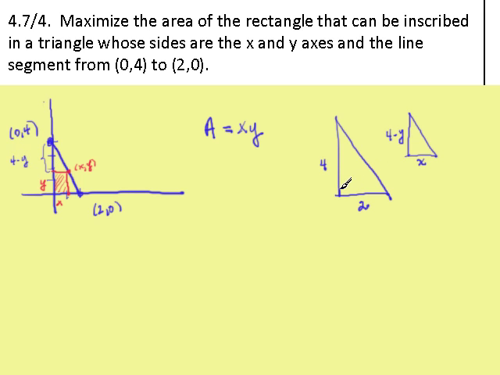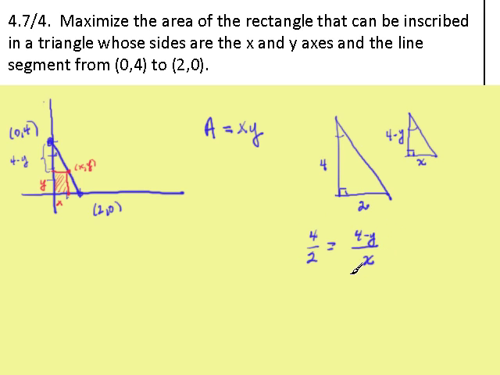Now, these are similar triangles. They share an angle, they both share this angle up here. And they're both right triangles, so all the angles are the same. So they're similar, so their sides are proportional. So we have the proportion 4 is to 2 as 4 minus y is to x.